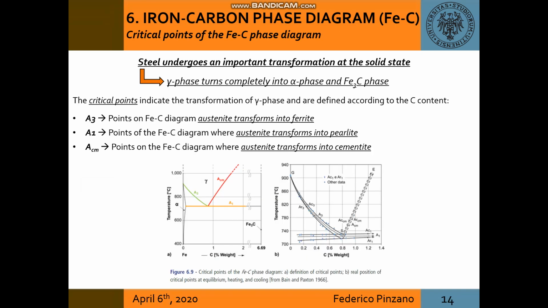Steel undergoes an important transformation at the solid phase, and we can see there are three critical points indicating the transformation of gamma phase, and are defined according to the carbon content. They are A3 from austenite to ferrite, A1 from austenite to perlite, and ACM from austenite to cementite.